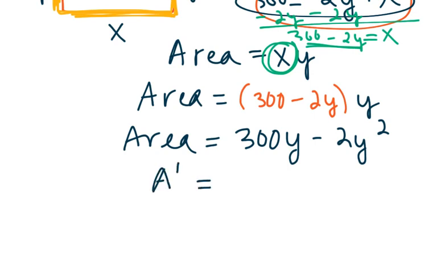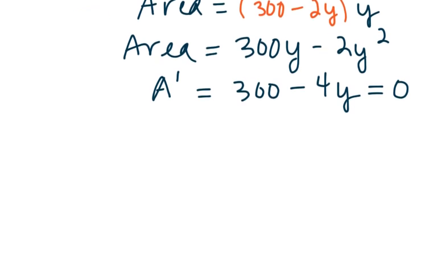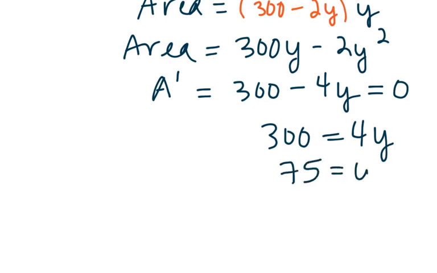A prime is equal to 300 minus 4y. Because we're looking for the largest possible area, we want the derivative to equal 0. So I get 300 is equal to 4y if I bring the 4y over, and 75 is equal to y if I divide by 4.